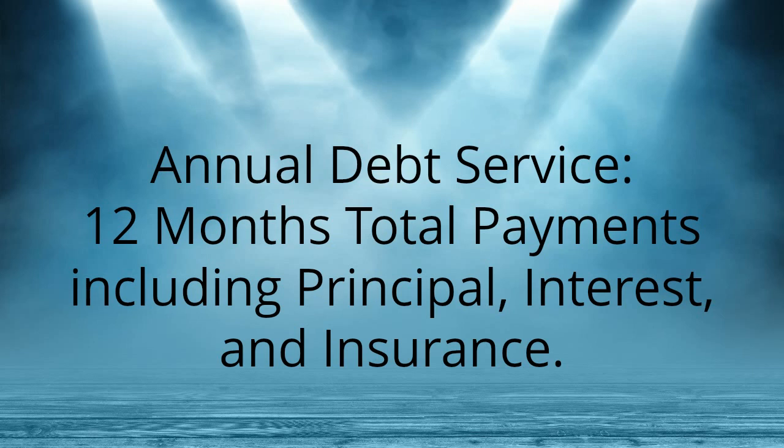In thinking that through, you would want to see a higher DSCR as well, as you want to be able to put money into your pocket every month. That is the name of the game, isn't it?